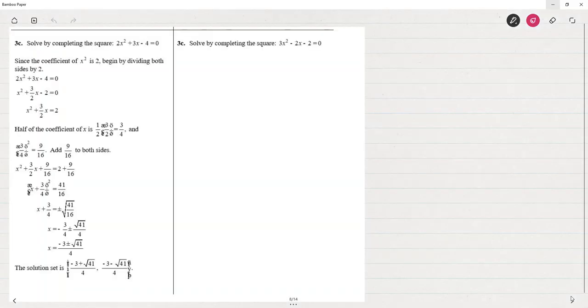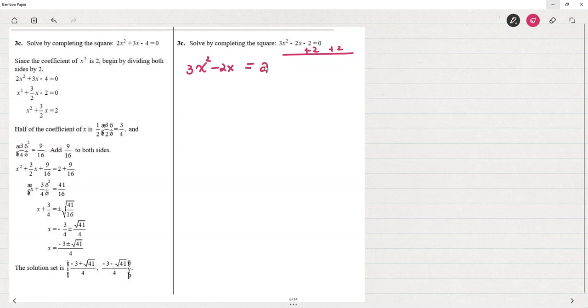Here's one. If I want to apply the square root property, I'm going to isolate the x squared and the x together. So isolate the x's. So I'm going to have to add 2 to both sides. That leaves me 3x squared minus 2x equals 2.